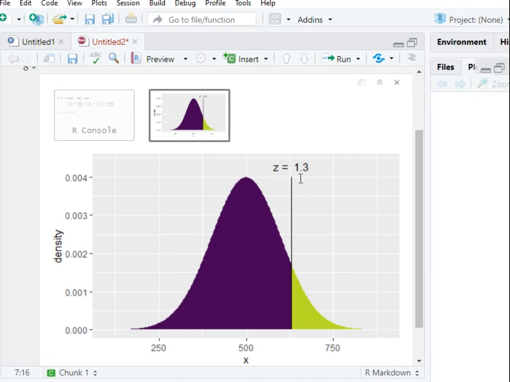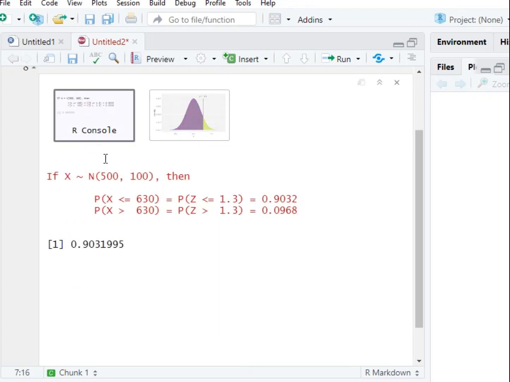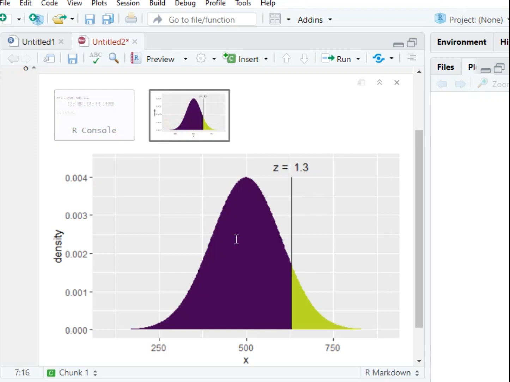It calculates the z-score, it draws the vertical line, and it shows me what area is where. Also, in the console, it shows in terms of probabilities, the probability of being in this distribution and being below this vertical line is about 0.9032, just like our graphing calculator. That's the area to the left, and then the area to the right is 0.0968. So this gives me all the same information, and it's slightly better.